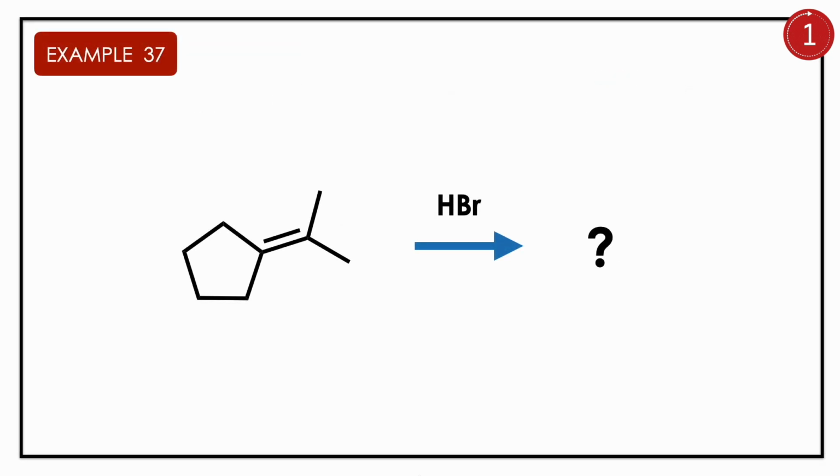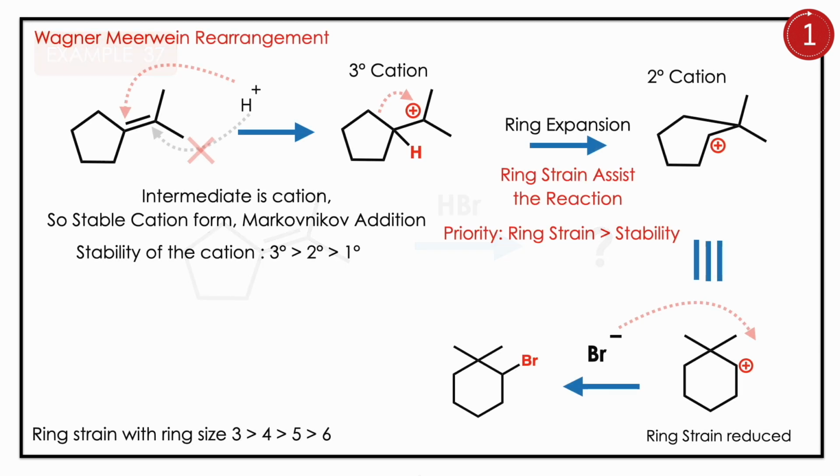Then the next example. You have cyclopentane, an alkene is there, 2 methyl groups, and you are using hydrogen bromide. You should find what will be the final product. Here H plus attacks the alkene. It can attack two ways, but the stable cation always forms. So H plus attacks the connecting carbon, and a tertiary cation forms.